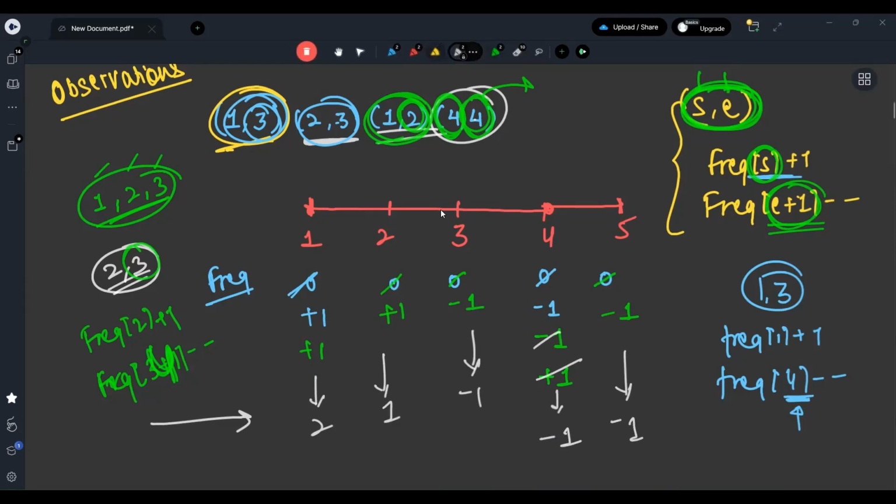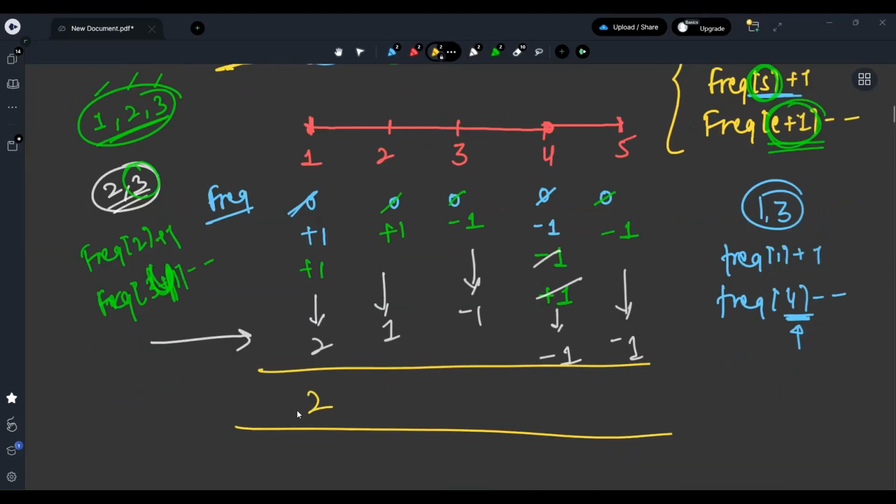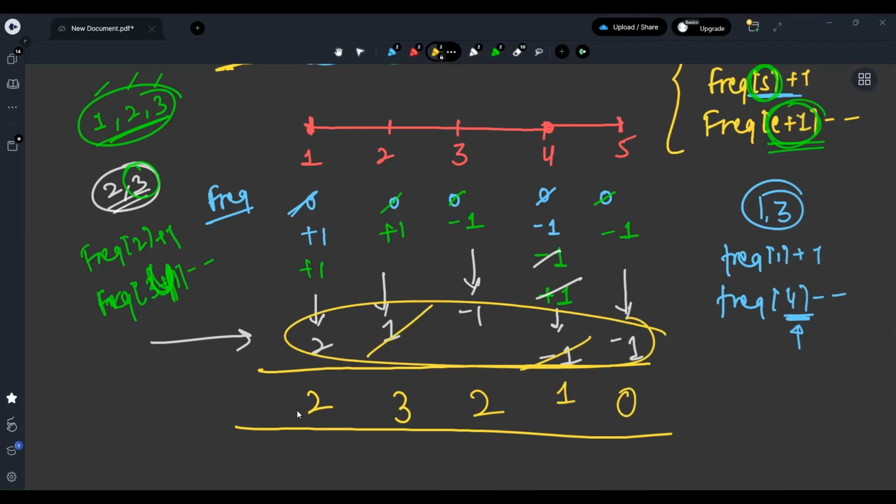Now if I take the prefix sum, this will be equal to 2, this will be 3, here again 2, here it will be 1, and here it will be 0. This is the frequency that I'm getting.